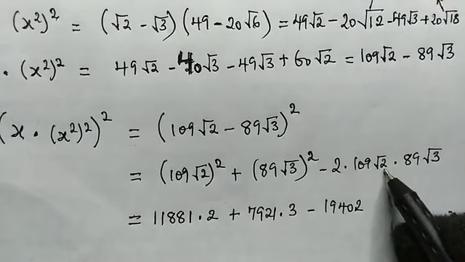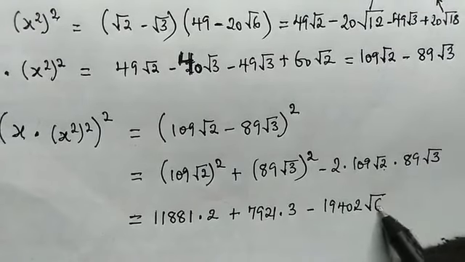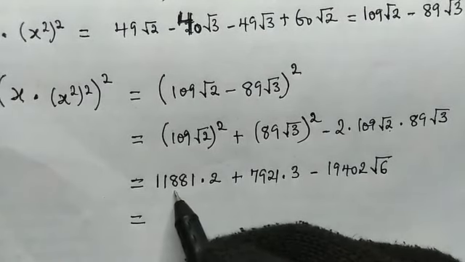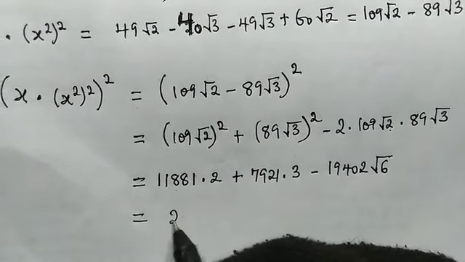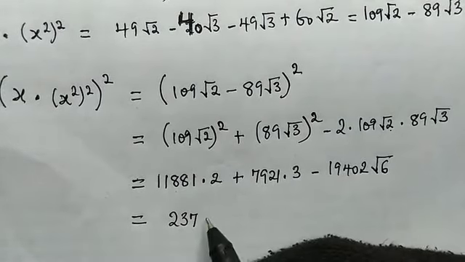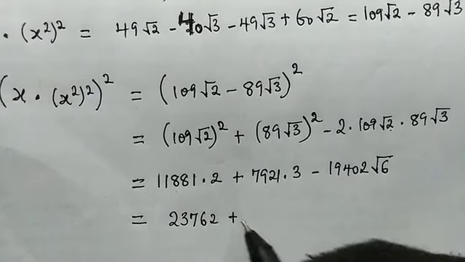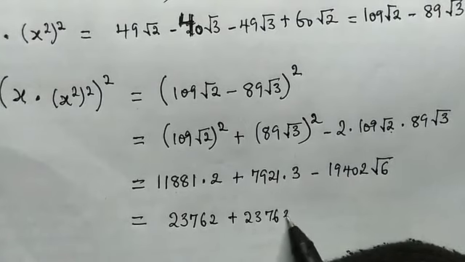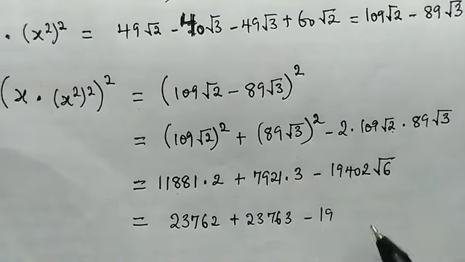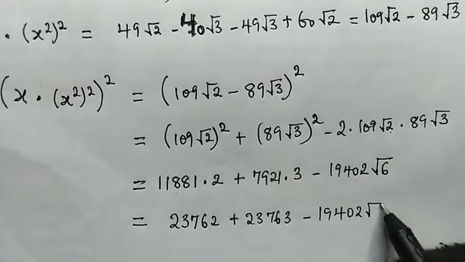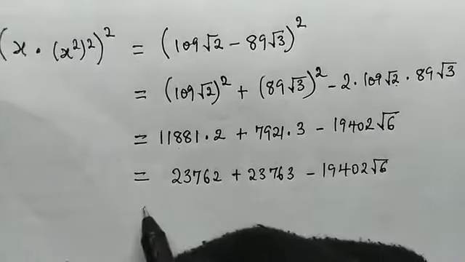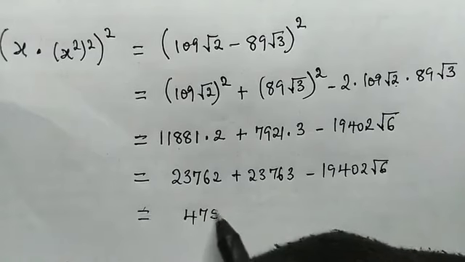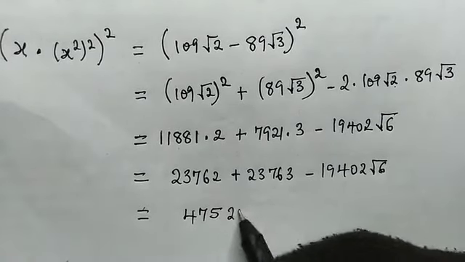So here, root 2 times root 3 is same as root 6. So from here, this times this will give us 23762. Plus, this times this will give us 23763. Then minus 19402 root 6. So from here, we have this plus this which should give us 47525.